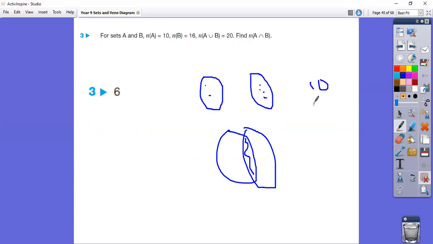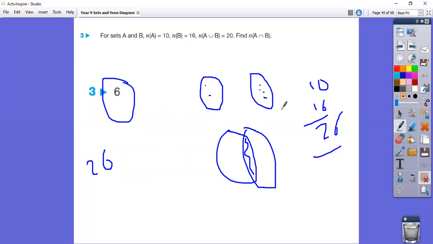So the 10 and the 16 is 26. However, the union is 20. So take 20 away from 26 to give you 6. So the union, combining both, is 20, but the separate elements, the 10 and 16, is 26, so the difference between the two is your 6. That's the intersect of these two sets.